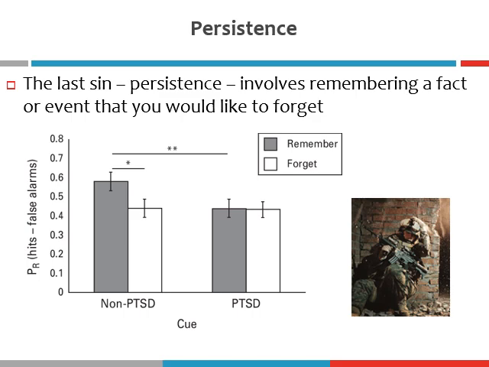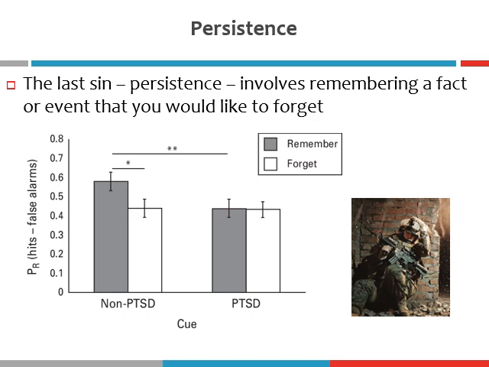They looked at the words that people were able to remember compared to the words they were told to forget. Some of the words people were told to remember, and other words they were told to forget, and they looked specifically at trauma-based words, or words that had to do with combat.